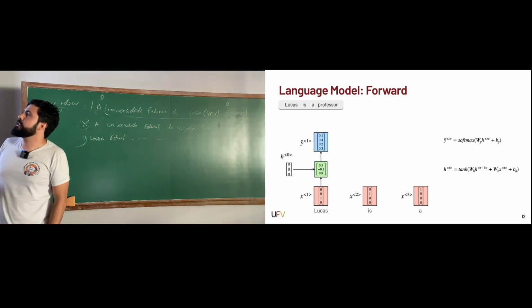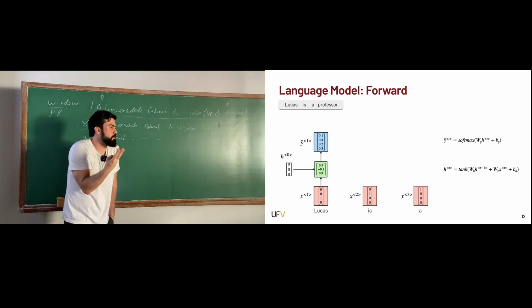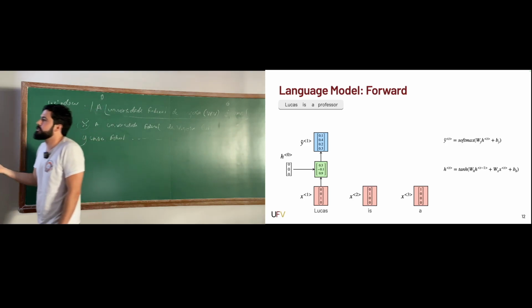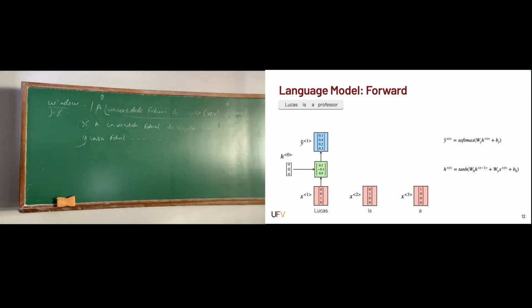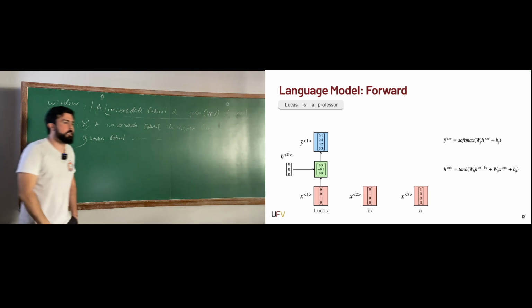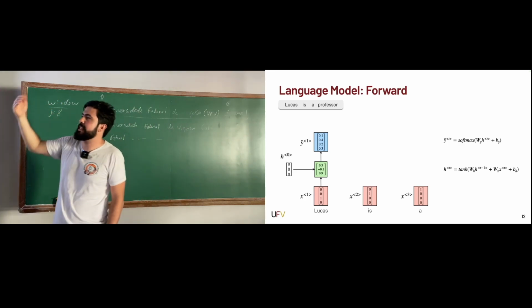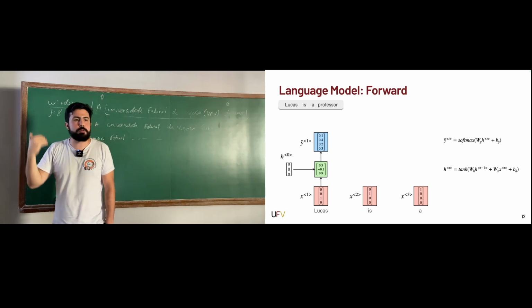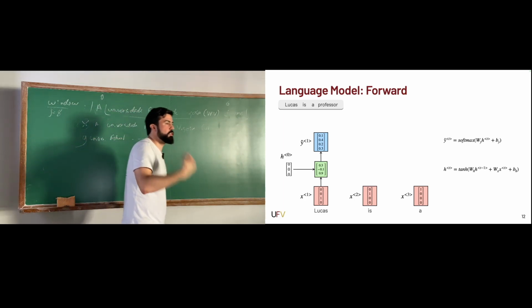So imagine that there are only 4 words in the vocabulary. If there were only 4 words, then maybe the word Lucas would be the third, the word is would be the second, the word A would be the first, and professor would be the last one, just to simplify the problem. So what the output layer produces at each time step is a probability distribution over the vocabulary.